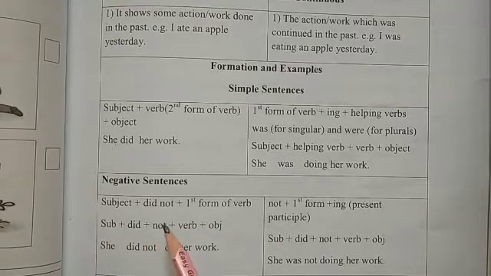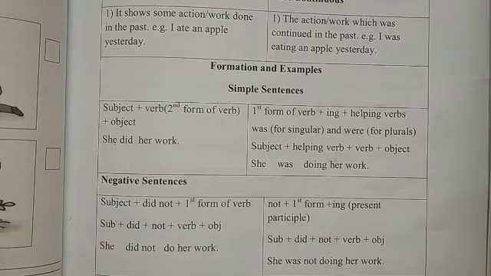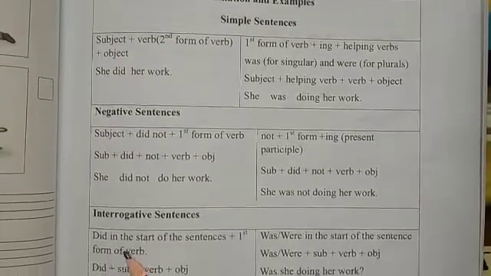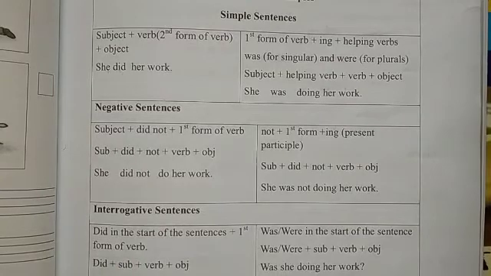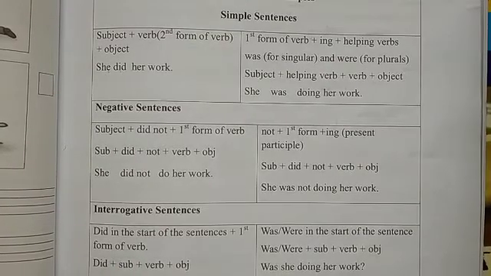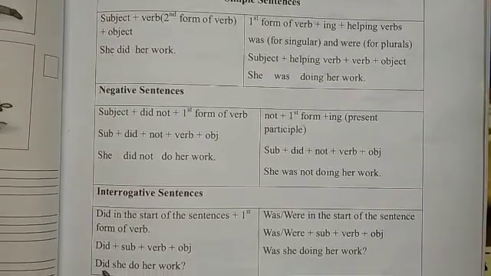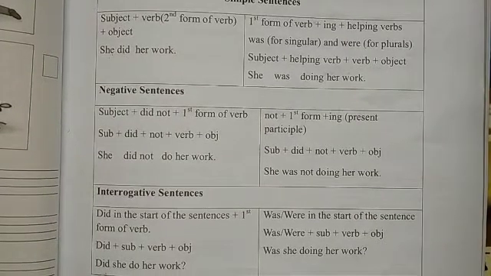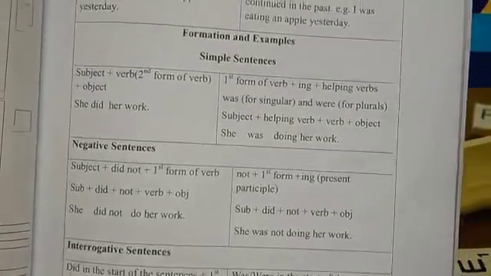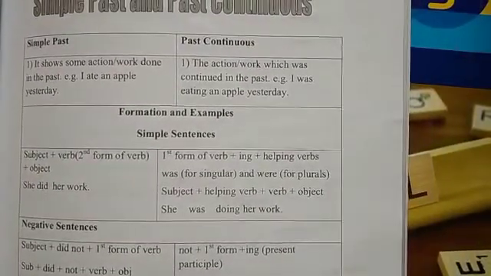Subject did not plus first form of verb plus object. And to make interrogative we write helping verb did in the start and we use first form of verb in interrogative sentences as well because we are using did, that is second form of verb. Okay, now move towards past continuous tense.